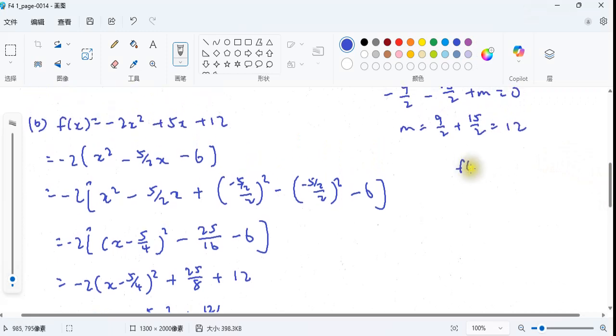For f(x), we do the factorization. We can have negative (2x squared minus 5x minus 12). Then (x minus 4)(2x plus 3).